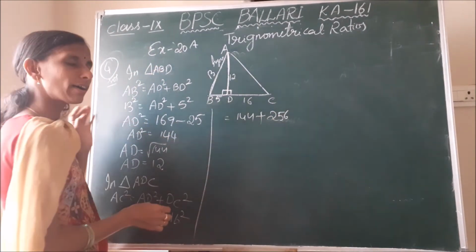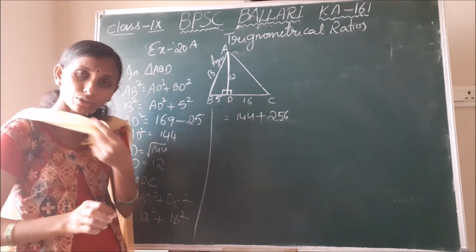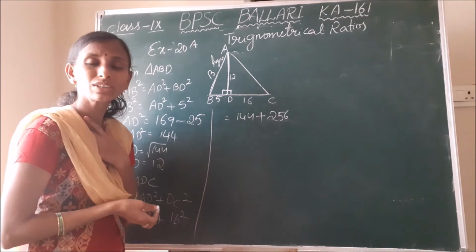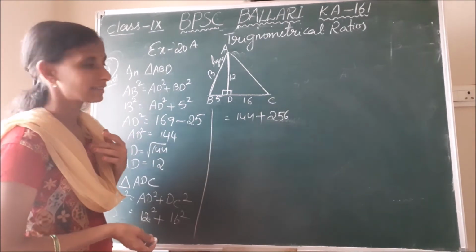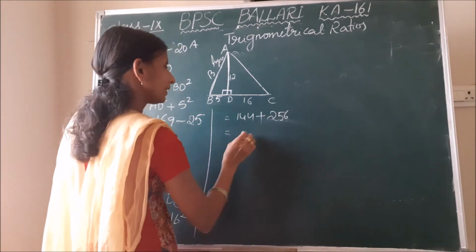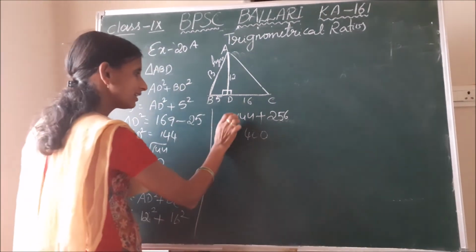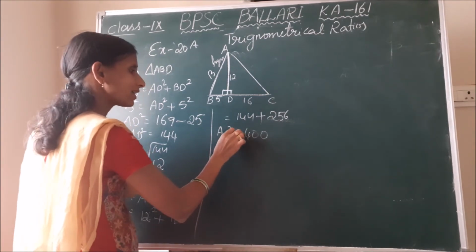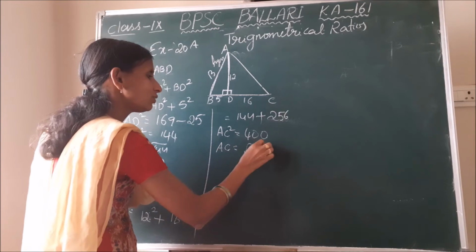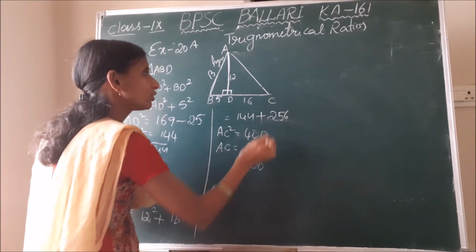For this you have to learn the square values at least till 20 and also cube values till 10, so that you can easily solve the problems where we need them. So 144 plus 256 we will get as 400. This is AC square. AC square is equal to 400. From this AC is equal to the square root of 400, which is 20.